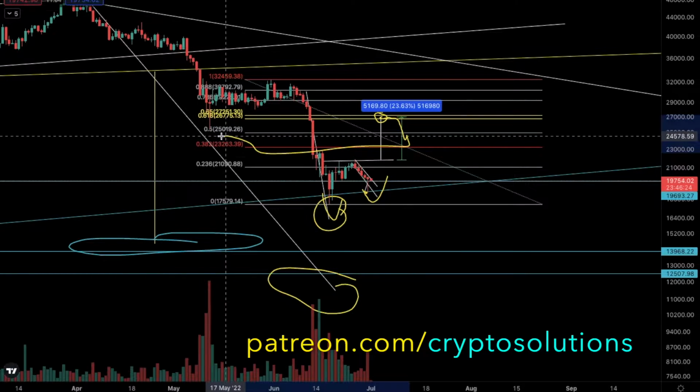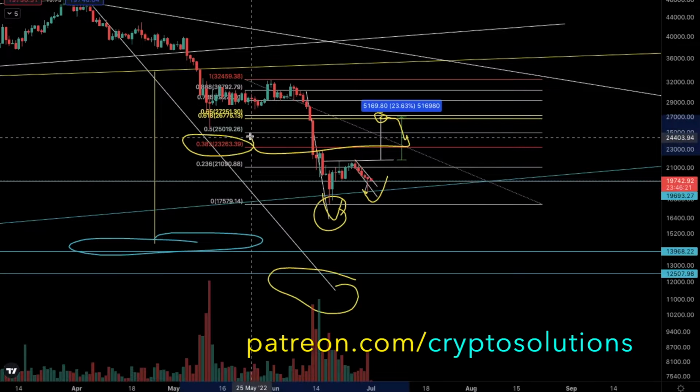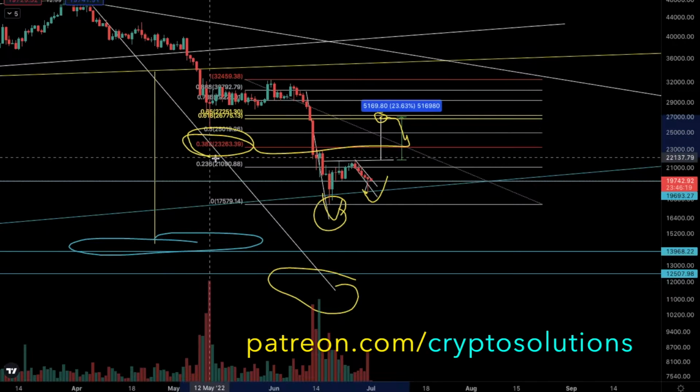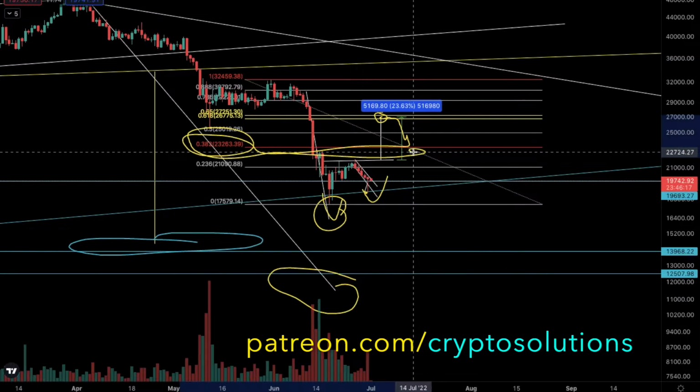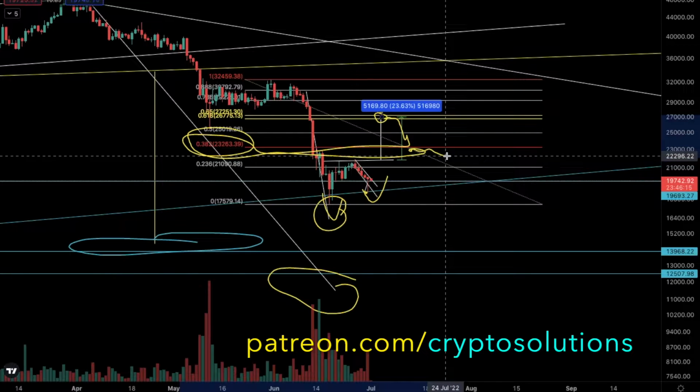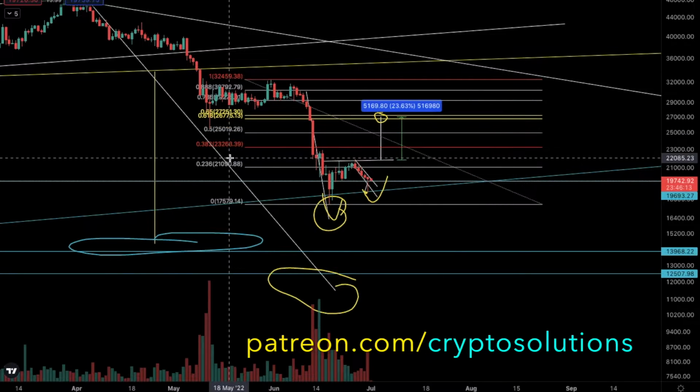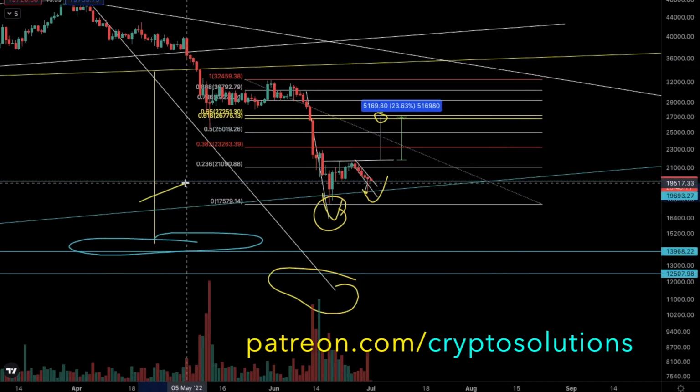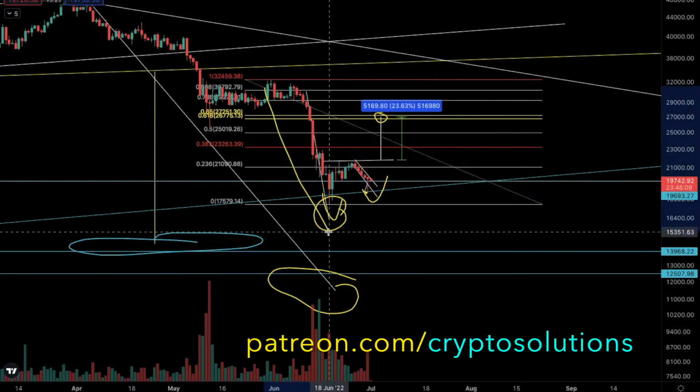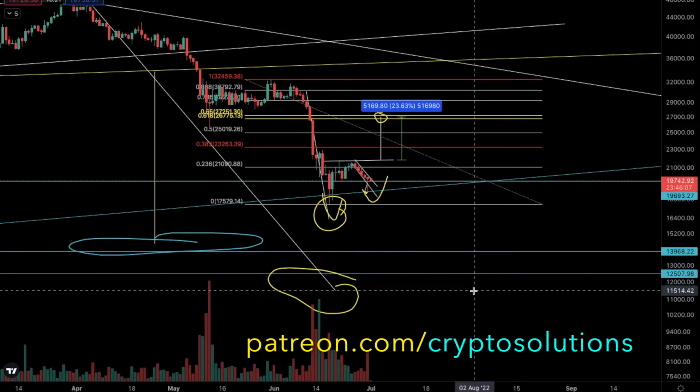And then after that, if it gets rejected and then comes back right here to this red line, this 0.382 Fibonacci retracement on around this $23,263 level, and then closes a daily body candle close, from what I have seen before, usually that's a continuation to the downside when this level doesn't hold.